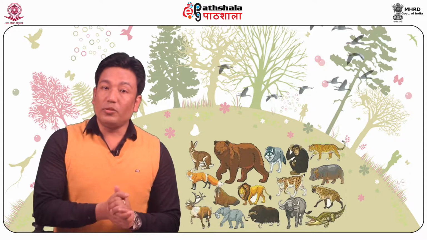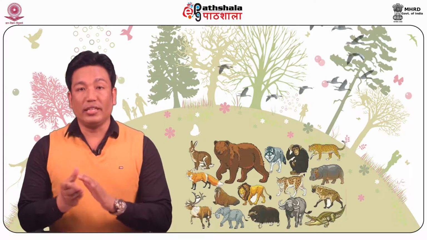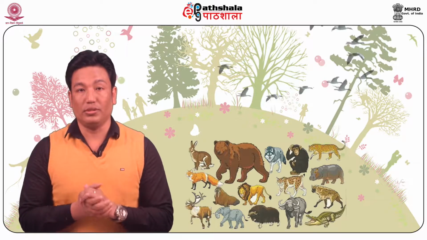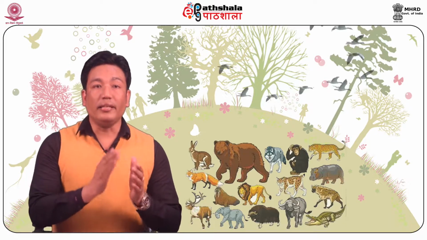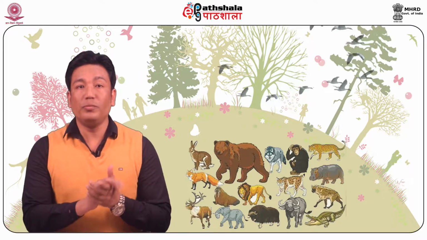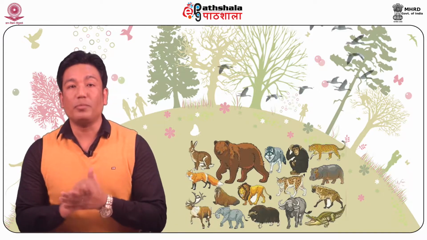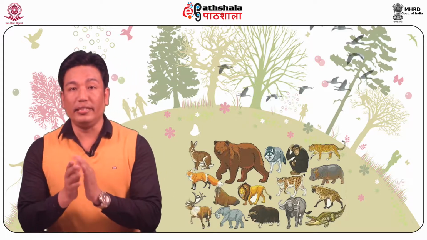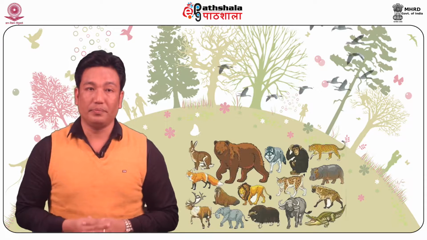The functional response can be of three types: type first, type second, type third response. In type first functional response, the number of prey consumed per predator is directly proportional to the increase in prey density until it reaches maximum.